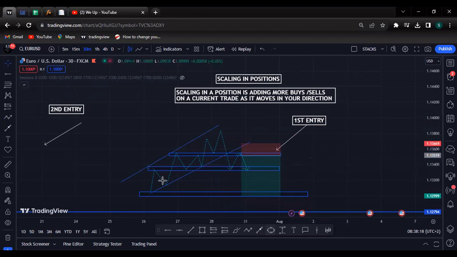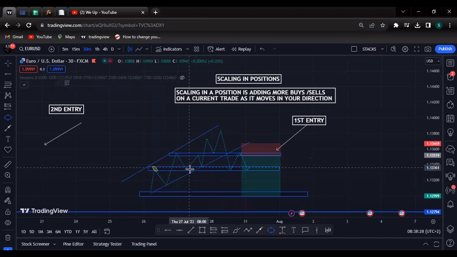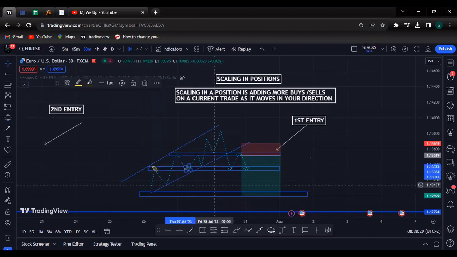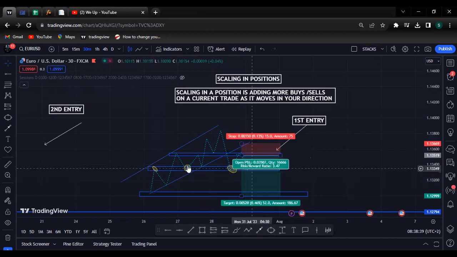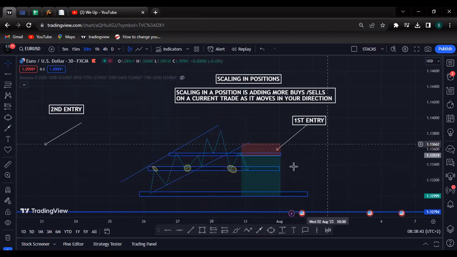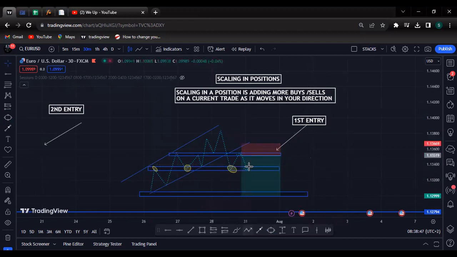If you look left, you can see it respected this zone once there, respected it again, also here, and we can also count this one. The point is that this zone is powerful, so there's a high chance that price can come down to this zone, respect it again and push up like this. That's something you need to bear in mind.